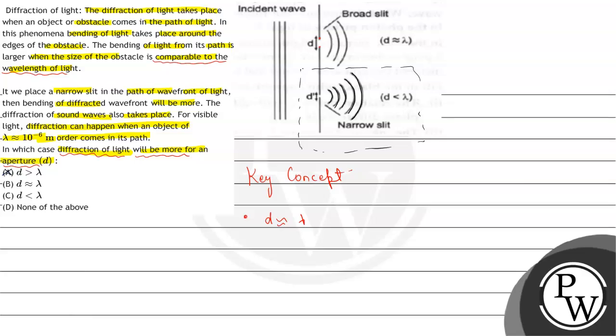Now let's check option C first, because option B is already what we know from our key concept. Now option C, D is less than lambda. So what will happen if D is less than lambda?